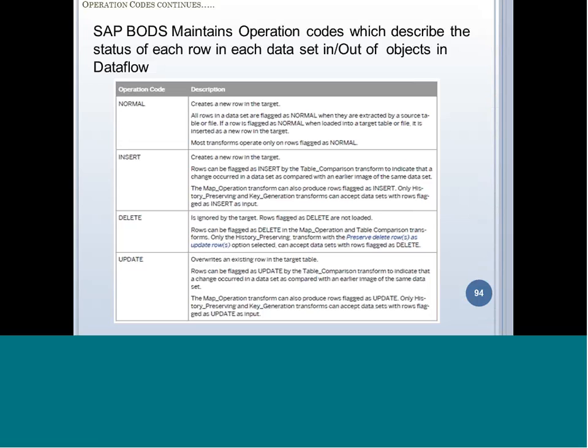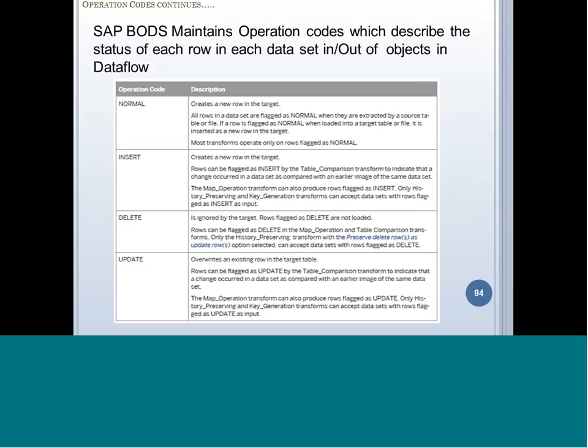Let us take an example where you are loading records into the target system without comparing, where records come from the source system in the form of a delta.